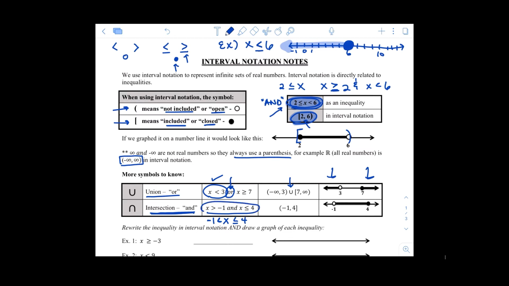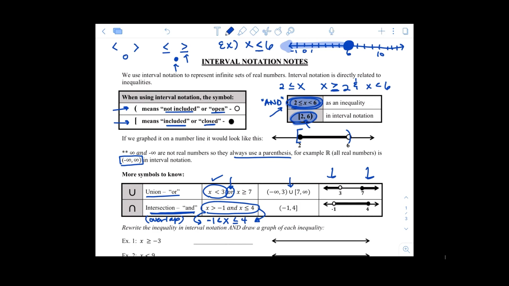Mathematically, these are the same thing. Written separate or written together, it doesn't make a difference. When it's written together, you do not have to have the word and, it's understood to be there. So if an intersection is the overlap, it has to satisfy both of your arguments. That's why, in this case, it's the middle portion.